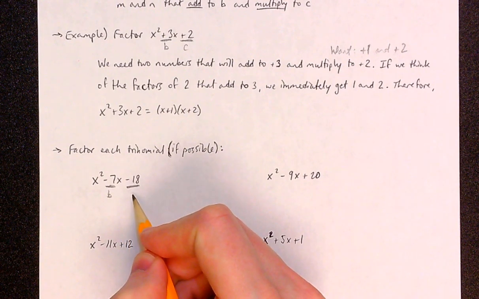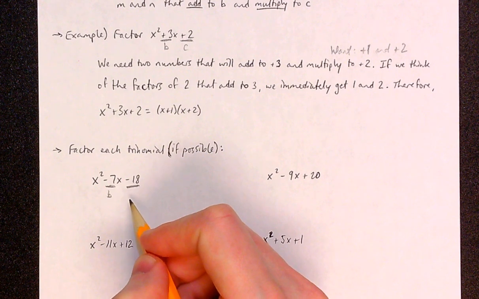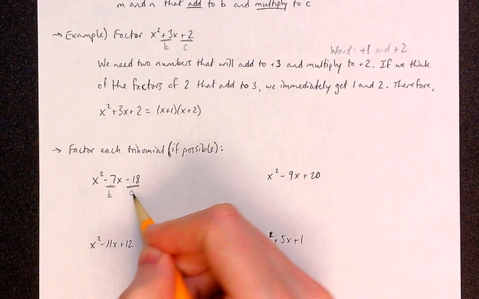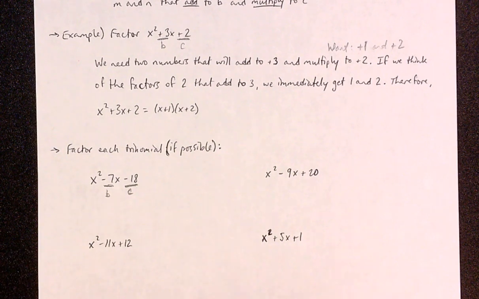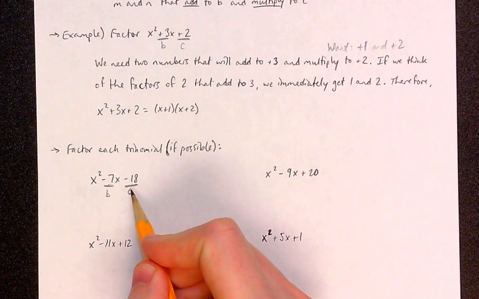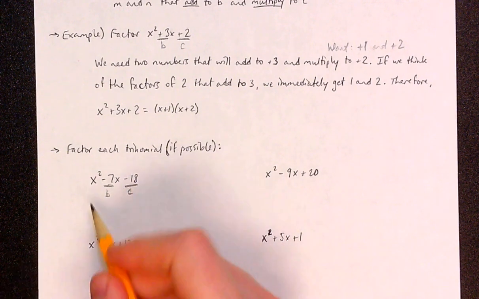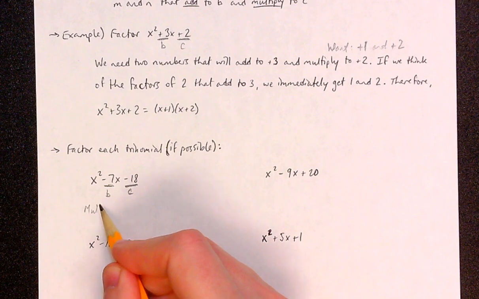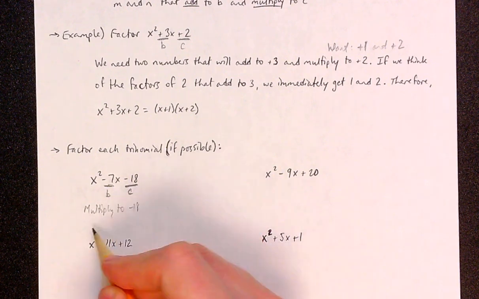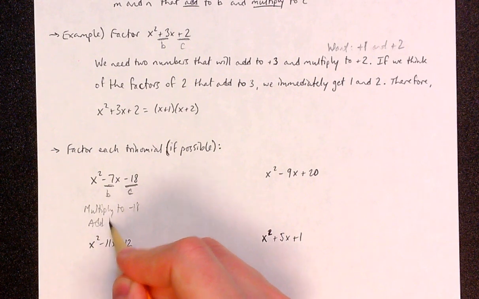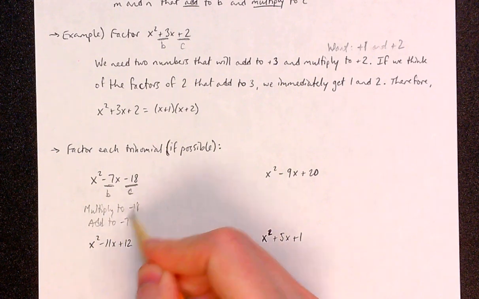The c value is the number and sign that is at the end, the minus 18. So I need to come up with two numbers that will multiply to negative 18 and will add to negative 7.